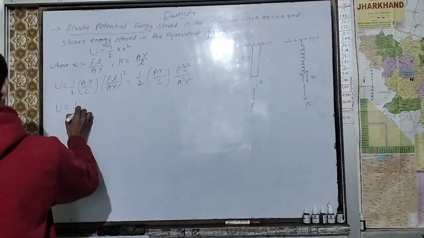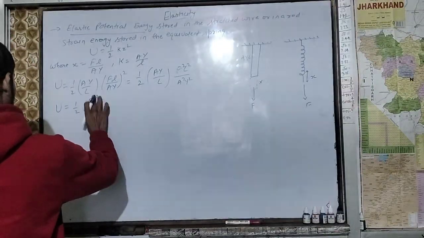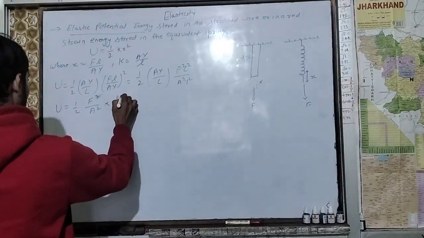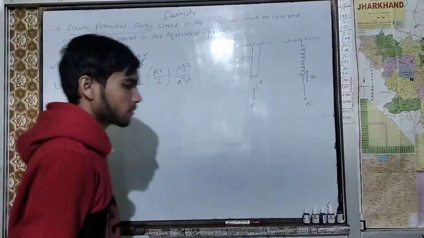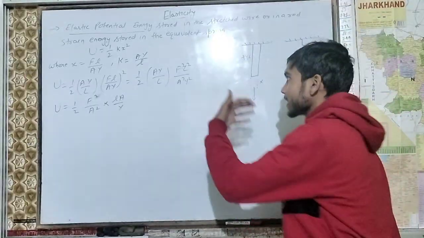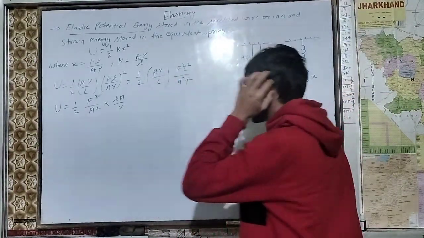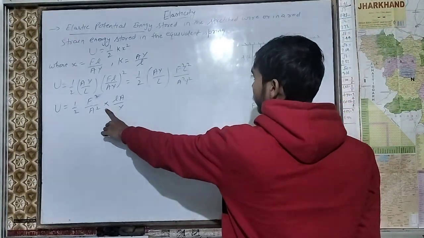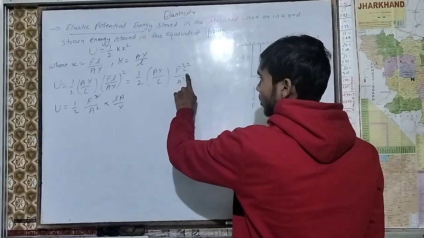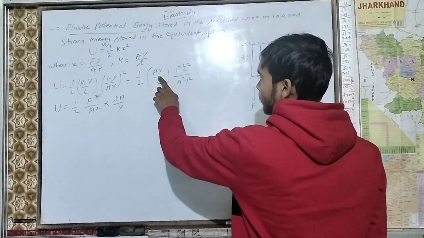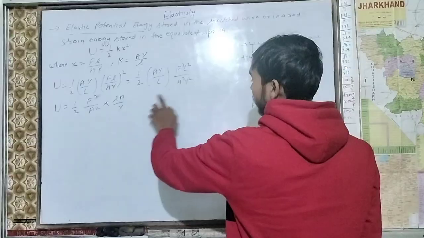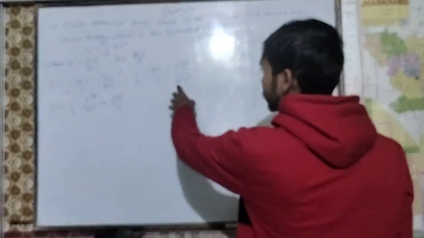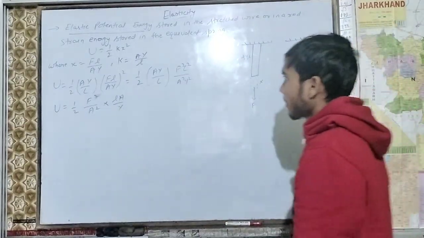Here U becomes 1 by 2 F square upon A square multiplied by change in length, A upon Y. We just rearrange it, nothing else. 1 by 2 stays as it is, and F square upon A square we bring over here, multiplied by this L over here, and A by Y. Look carefully.